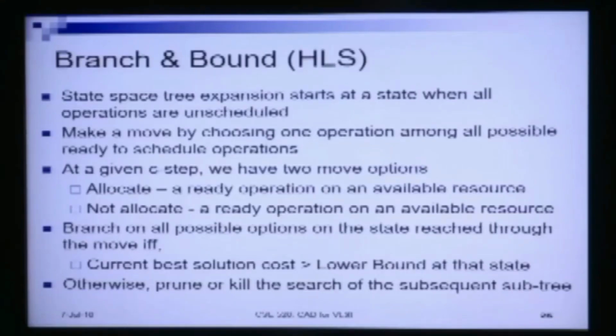Now, consider the current best solution in terms of its schedule length, compared with the lower bound at that state. At a given state I have a set of unscheduled operations. I can obtain a lower bound on the minimum number of time steps that will be required to schedule the remaining operations starting from that time step.